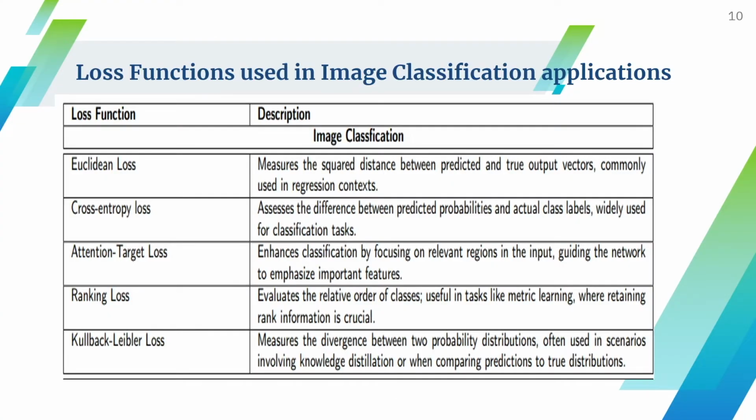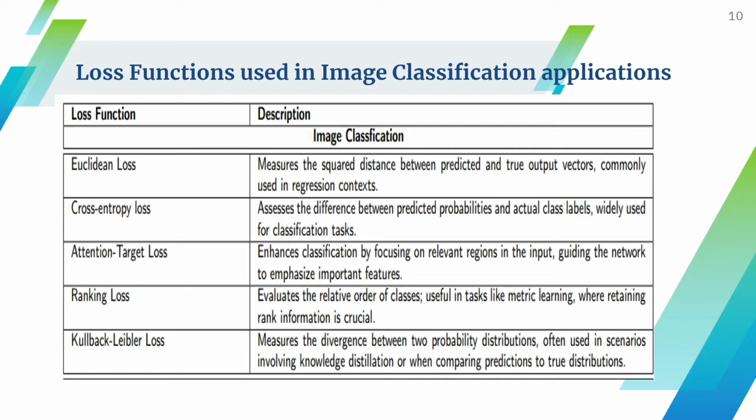How is each of these loss functions used for image classification? If you take applications where images are segregated or classified, we can use all these functions. Just remember, you can apply either the Euclidean loss method, or the cross entropy loss method, or attention target loss, ranking loss, and Kullback-Leibler loss.